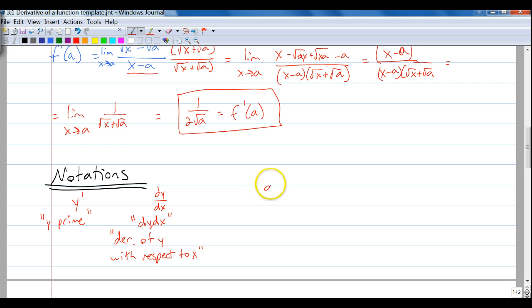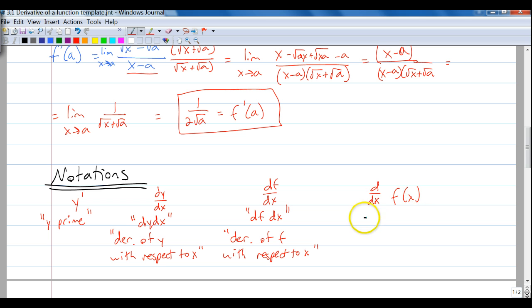Another one, it's the same thing. If I have the change in a function with respect to x, we would say that's df dx. And it's the same thing. It's the derivative of f with respect to x. Okay, and then finally we will have something that looks like this, and this basically means take the derivative of f of x.